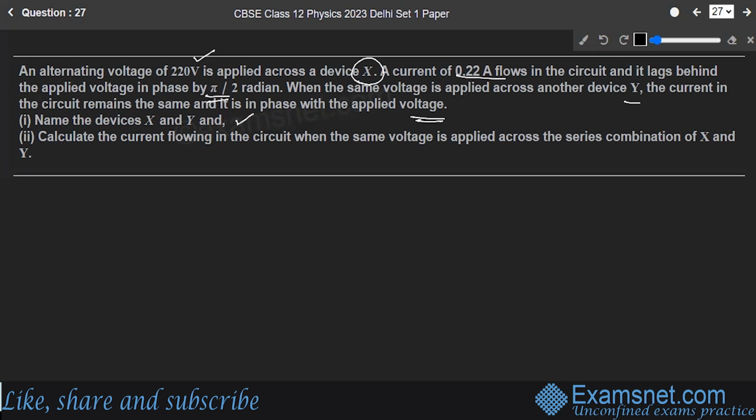You have to identify X and Y. Also calculate the current flowing in the circuit when the same voltage is applied across the series combination of X and Y. Now for X and Y, for the first one, since the current lags behind the voltage, so what is X?